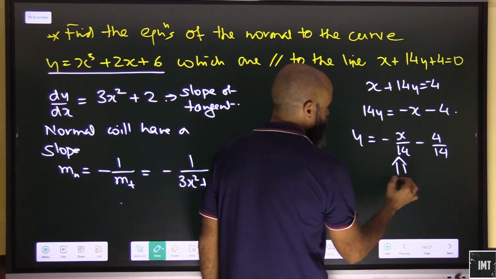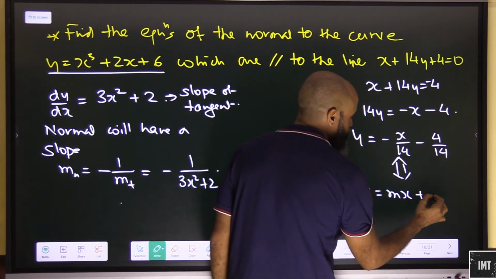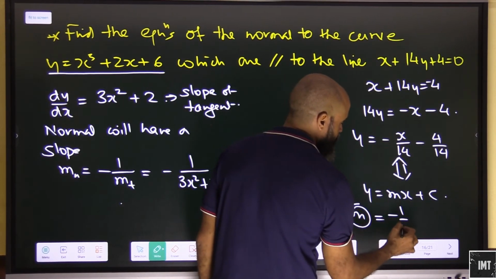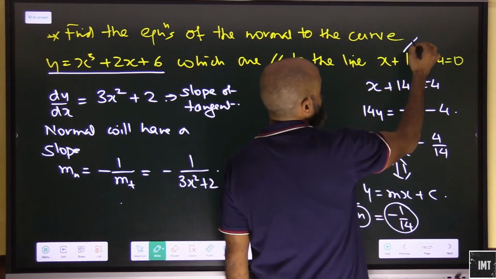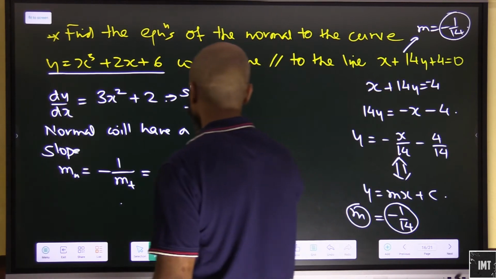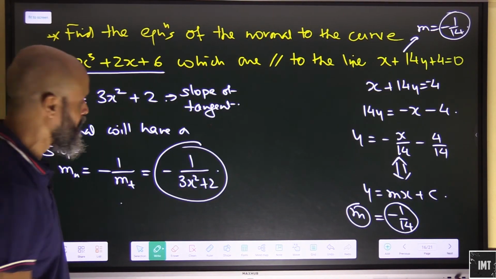If we draw an analogy to y is equal to mx plus c, we can directly say that m has a value of minus 1 by 14. So the slope of this line is minus 1 by 14. The slope of this line and the slope of the normal are parallel, so these two will be equal.